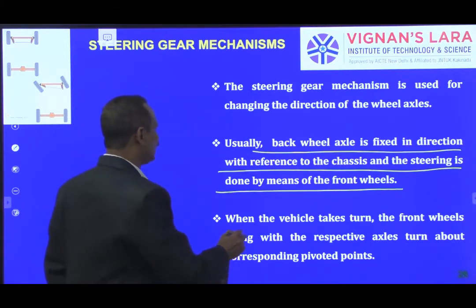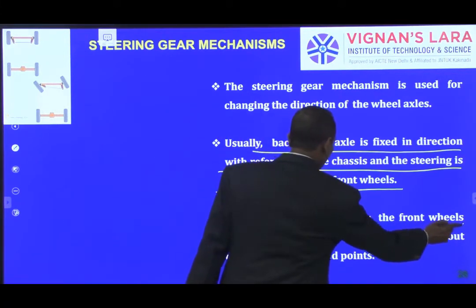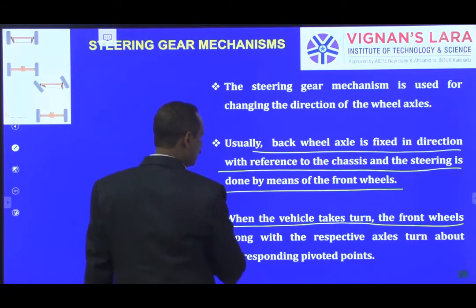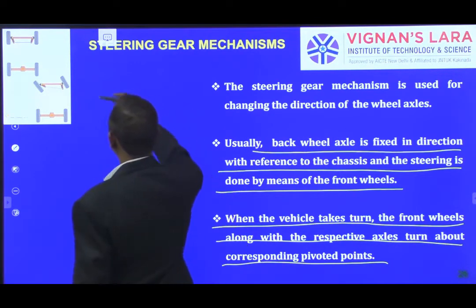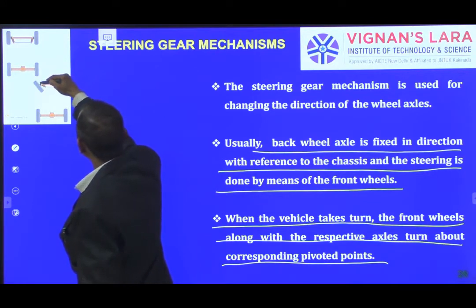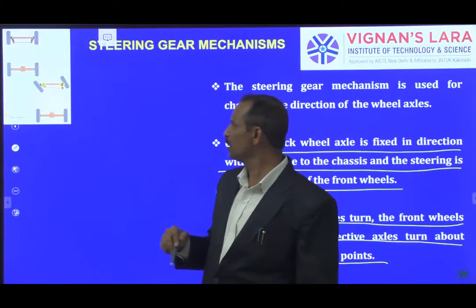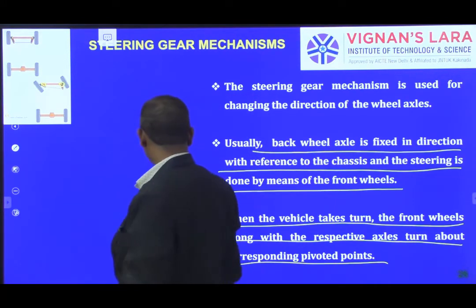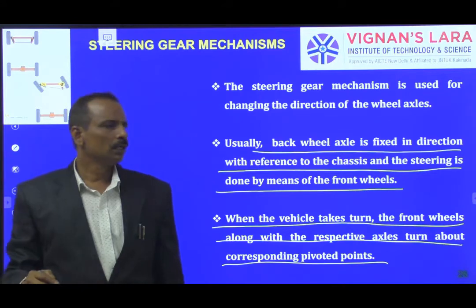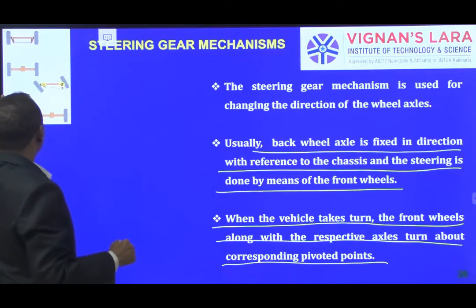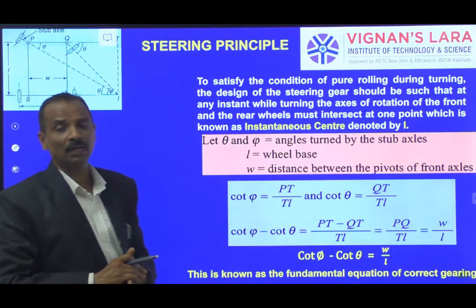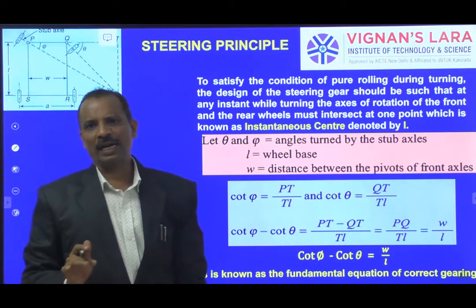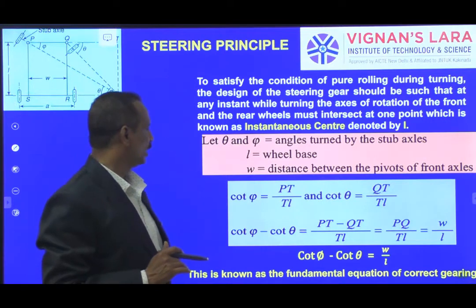So when the vehicle takes a turn, the front wheels along with the respective axes turn about corresponding pivoted points. These are the pivoted points, and about these pivoted points they will turn. Now let us see the basic principle required for correct steering mechanism.